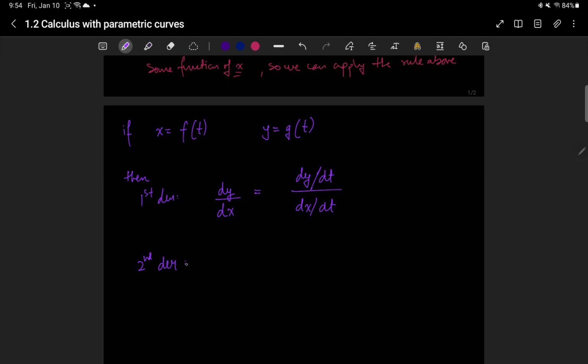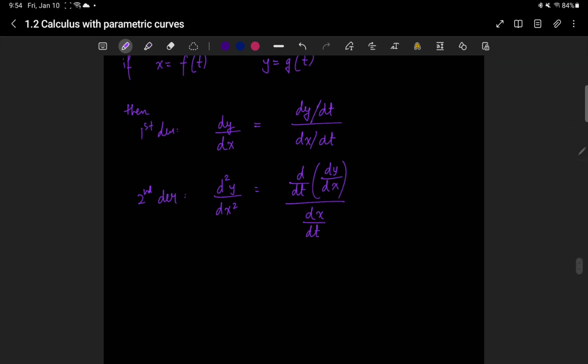And the second derivative, d squared y over dx squared, can be found by d over dt of dy over dx, which itself you can find from the step above, divided by dx over dt. So these are the two main results for this particular section about tangents.